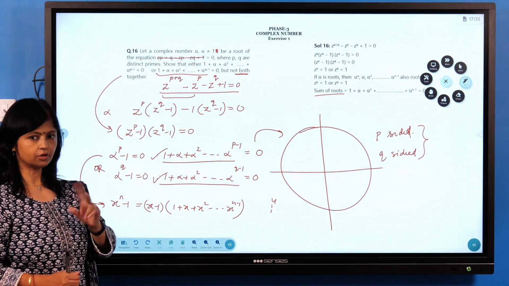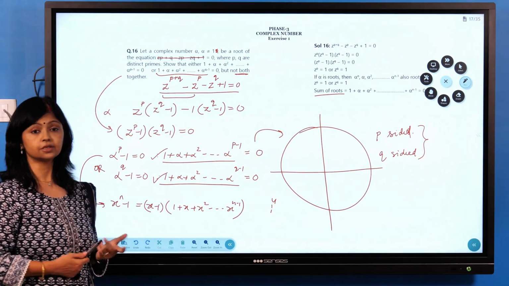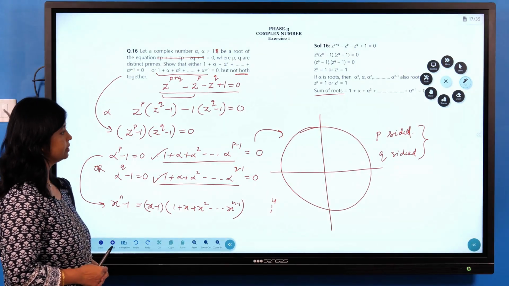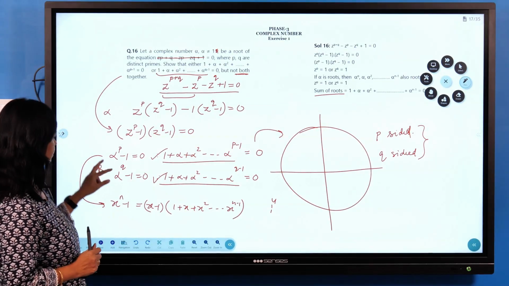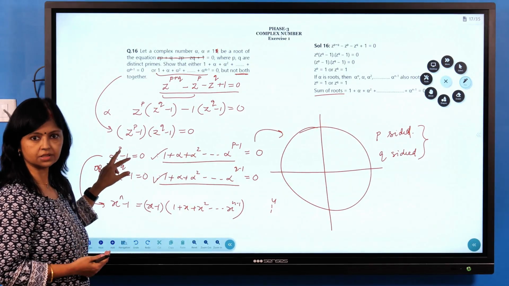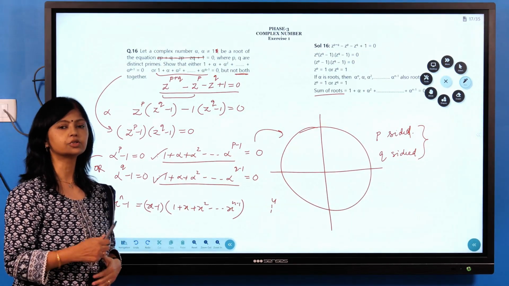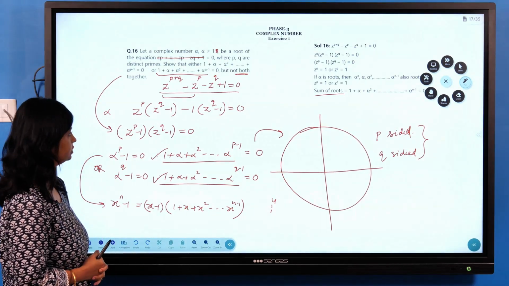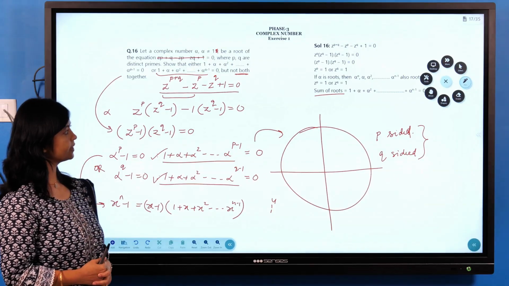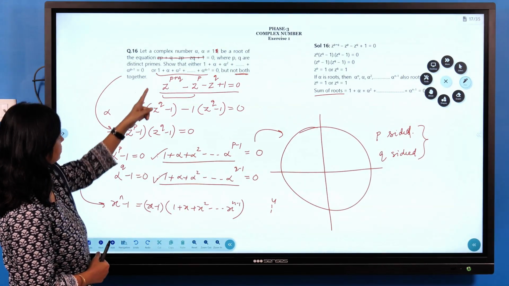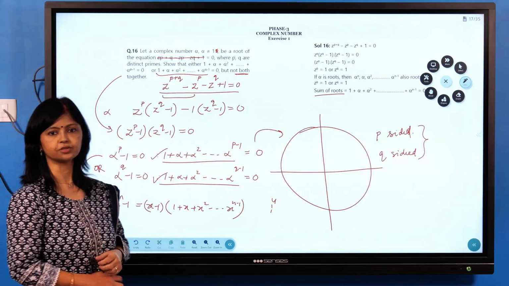So there has to be a common factor. If alpha is a cube root of unity, then it is also a sixth root of unity. But if the roots or the powers are prime, then it will not be for both because of the multiplicative nature of the root. So that's what we have to remember here: for both, it is not going to be satisfied.